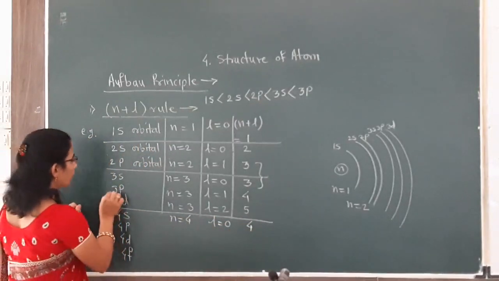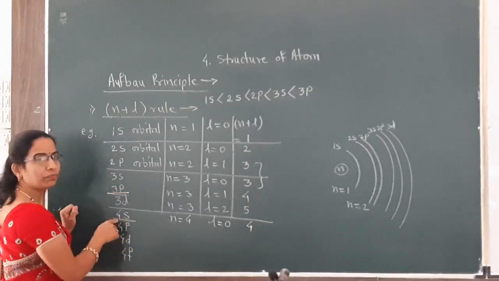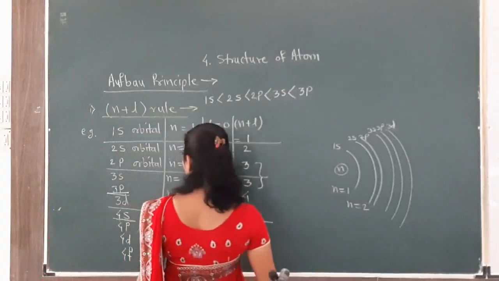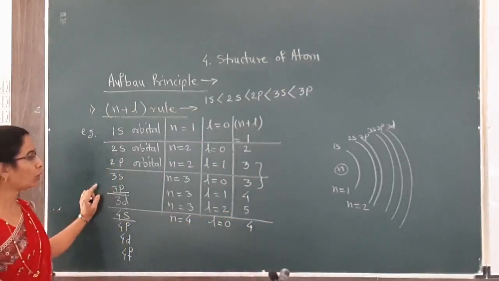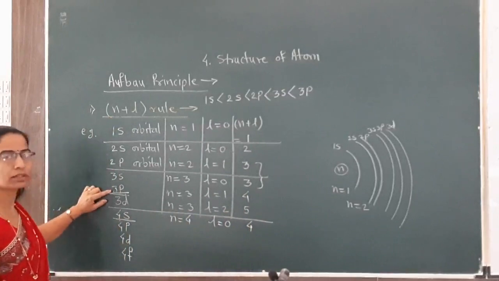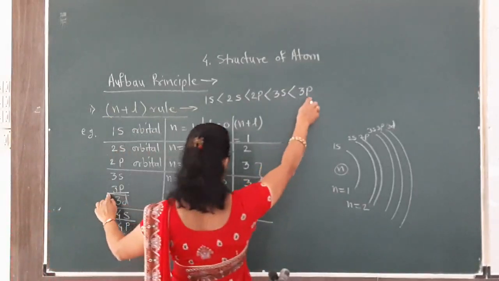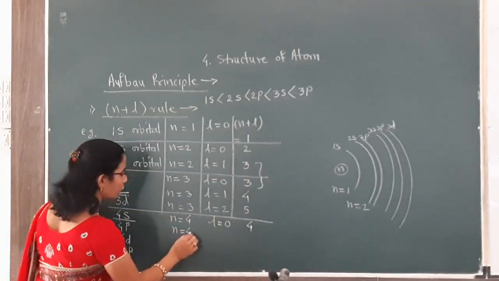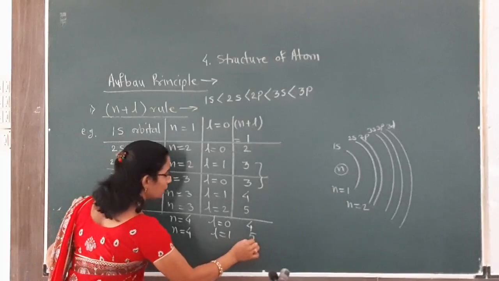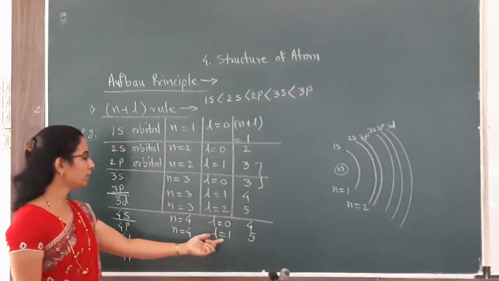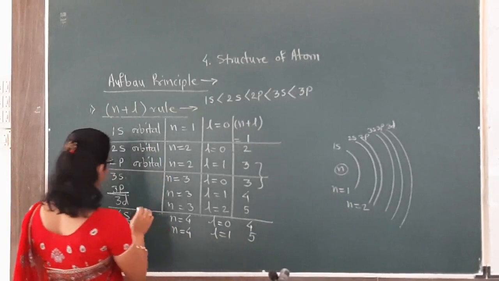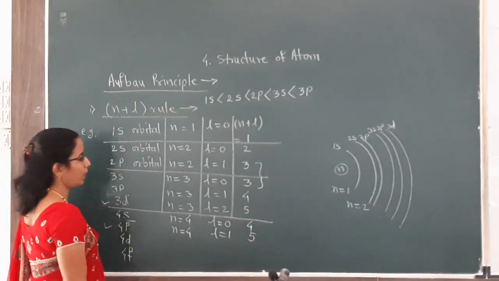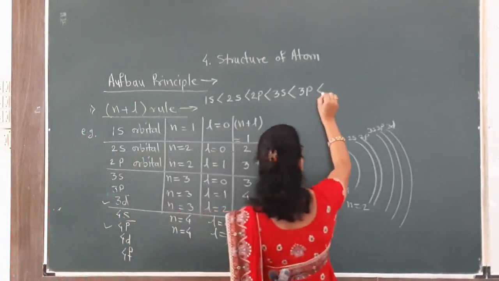So again you will observe that these 3p and 4s orbitals are having same values of n plus l, and therefore the orbitals with lowest value of n, that is 3p, will have the lowest energy. But you observe the case of 4p orbital. Here you will again find the sum of n and l is 5, and therefore out of 3d and 4p, here which orbital will have lowest energy? Obviously the 3d.